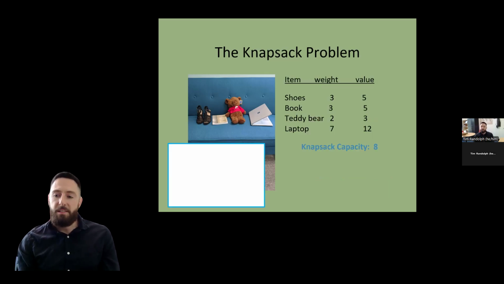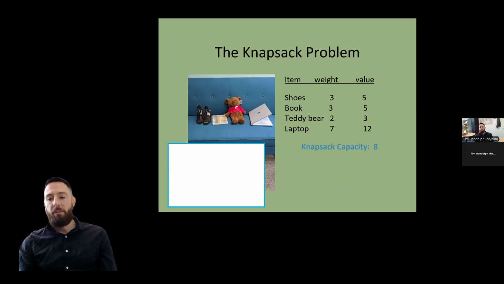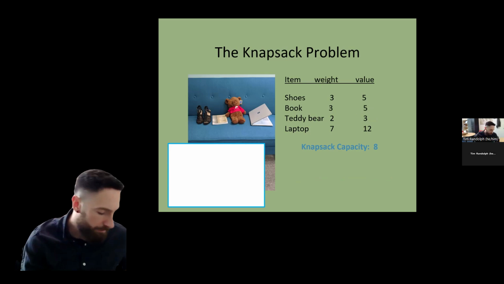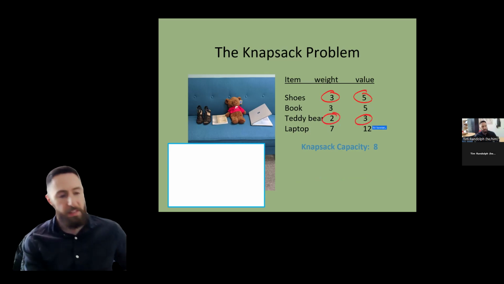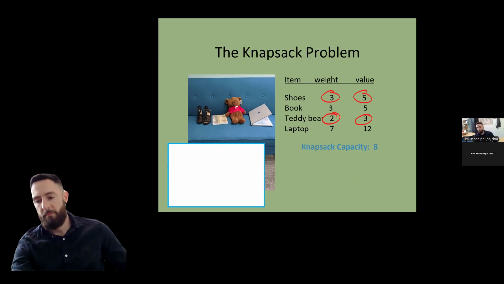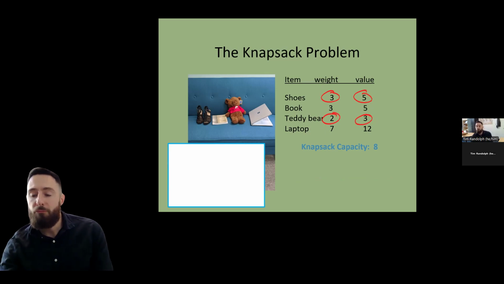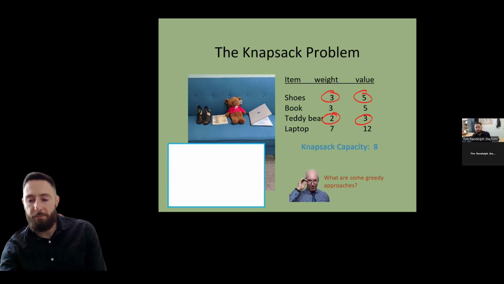Here's an example instance. So maybe we've got shoes, book, teddy bear, and laptop. Maybe the shoes weigh 3 kilograms and have value $5. The teddy bear weighs 2 kilograms and has value $3, etc. So one reasonable way to approach this problem would be to figure out how valuable is each of these items relative to its weight?